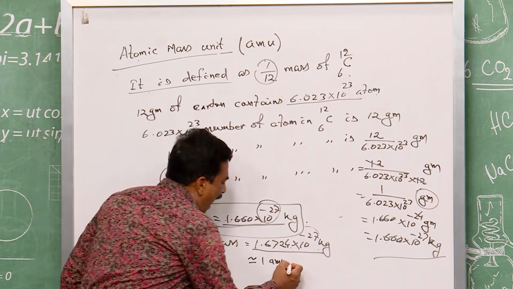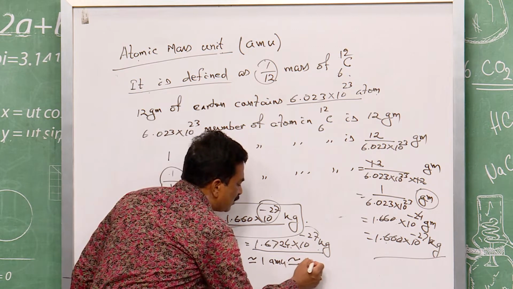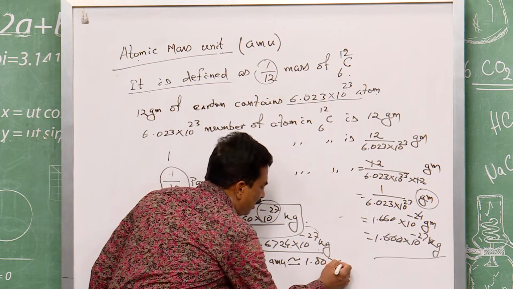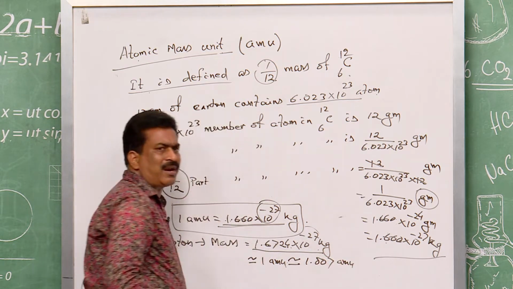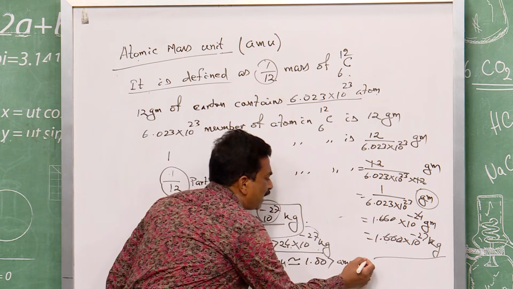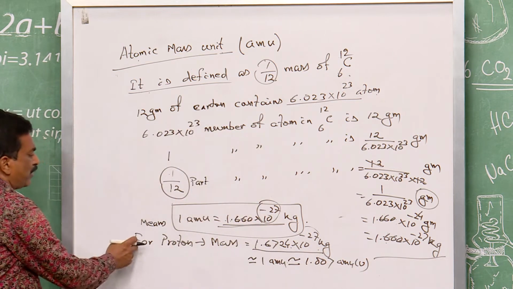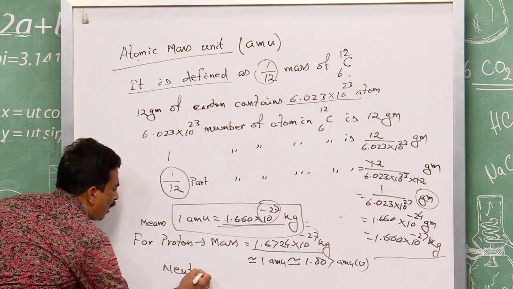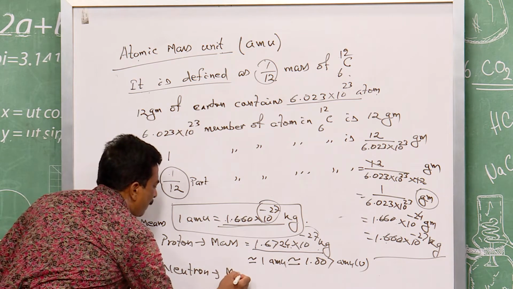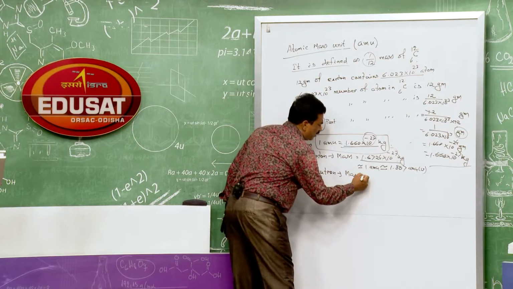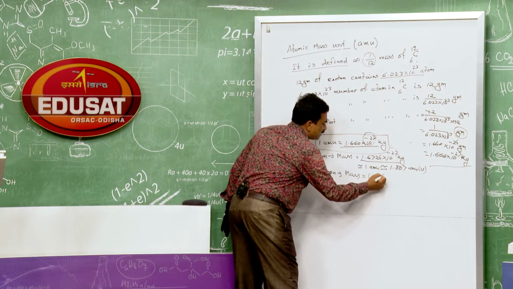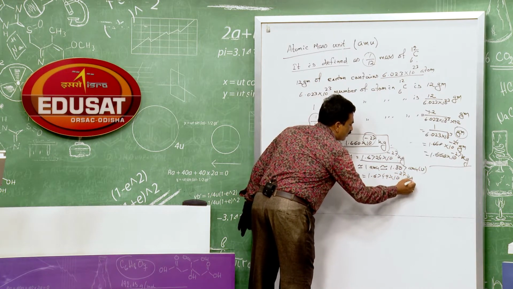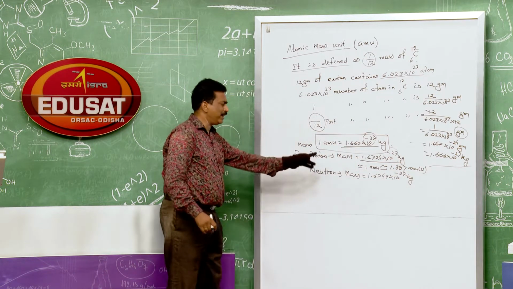But for its actual mass, that is 1.007 AMU. Instead of AMU, you can write it as U. This is for the proton. For the neutron, the mass will be how much? 1.6749 into 10 to the power of minus 27 kg, which we wrote yesterday.